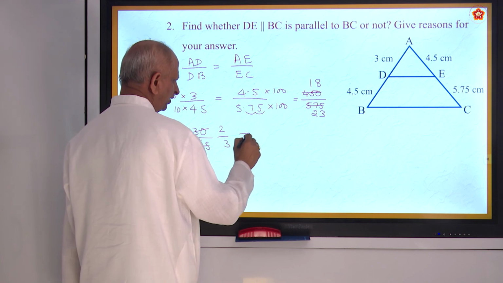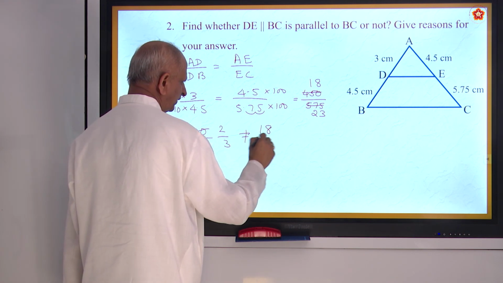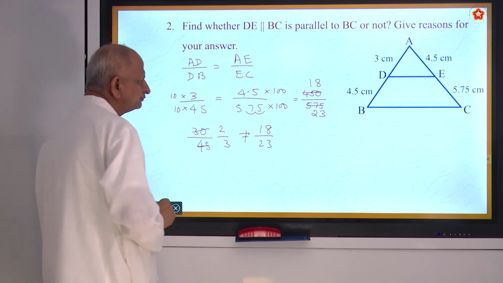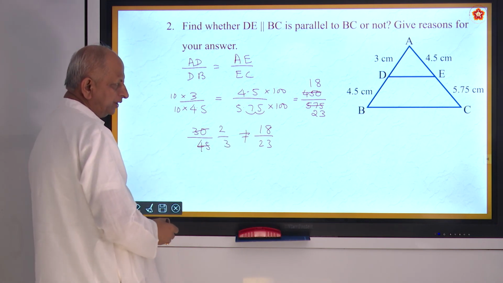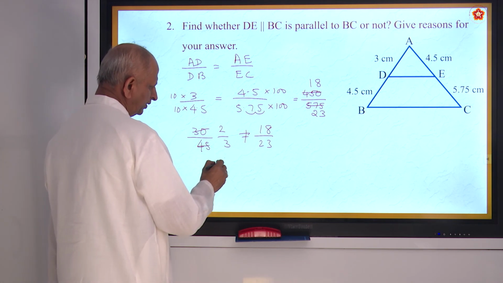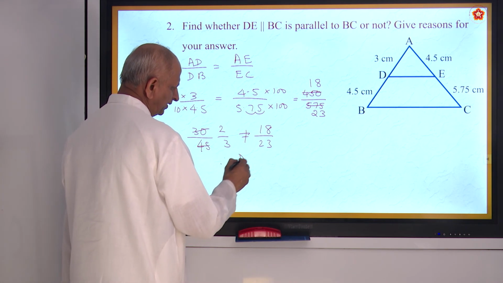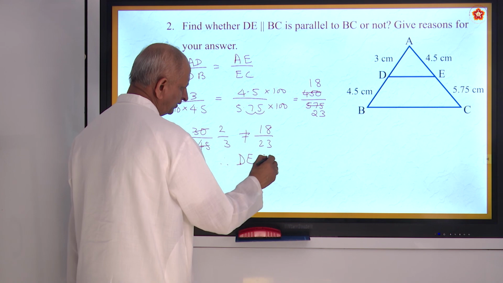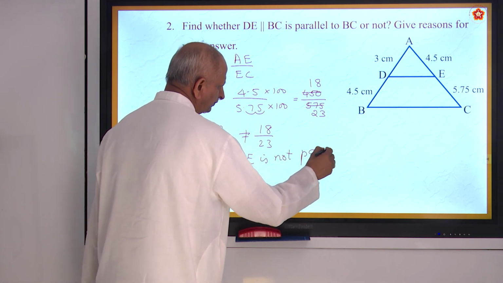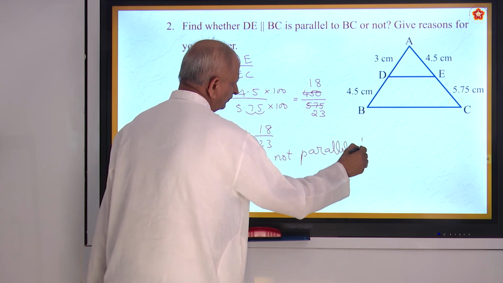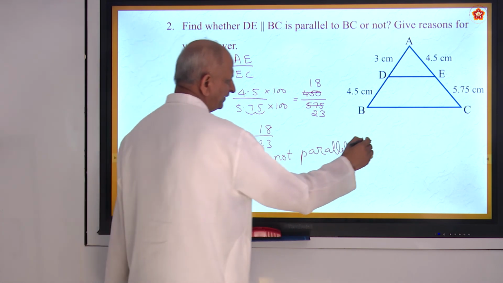So this is not equal to 18 by 23. And therefore, the two ratios are not equal. Therefore, we can say DE is not parallel to BC.